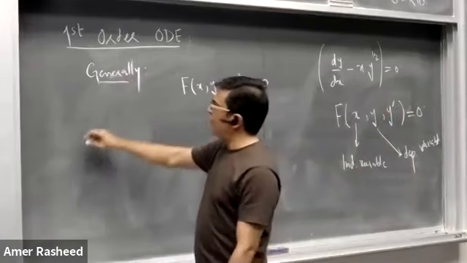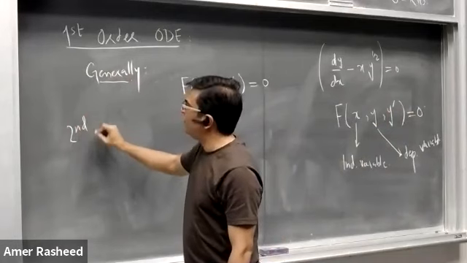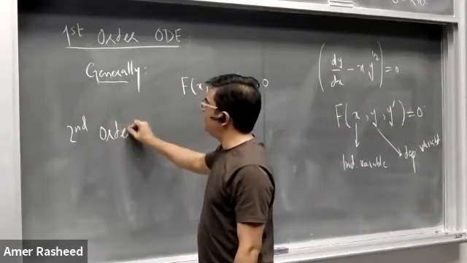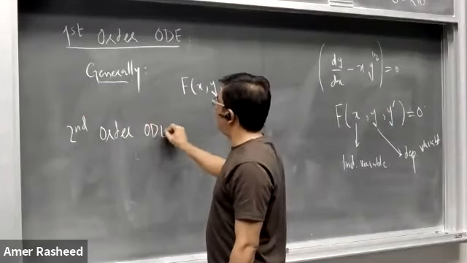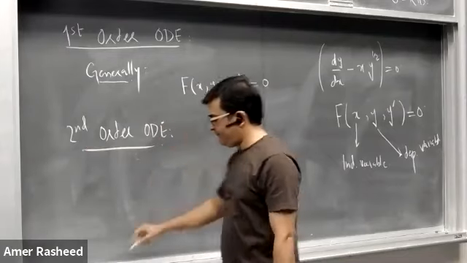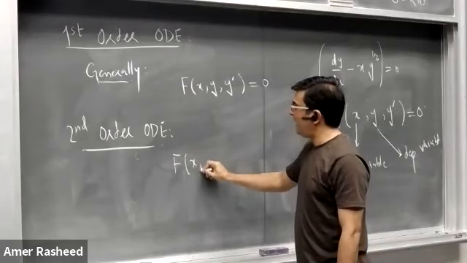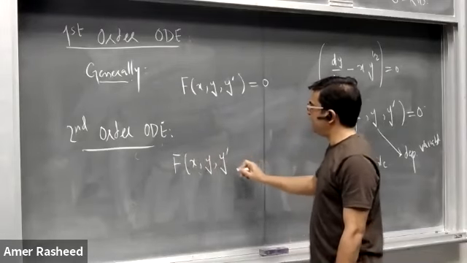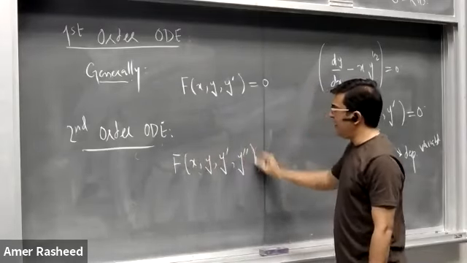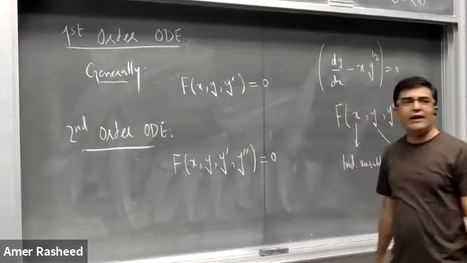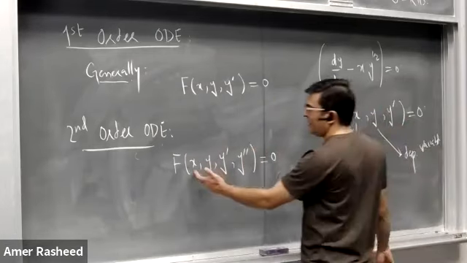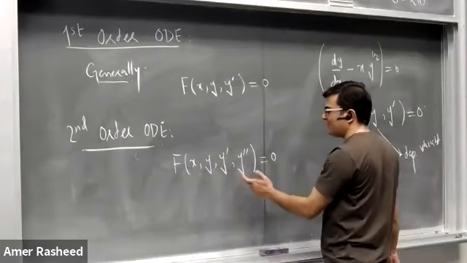And the general notation of a second order ODE, how can we write it? It's obvious from this kind of notation that we can write f of x, y, y dash, and y double dash. So in general, a second order ODE involves the independent variable, the dependent variable, its first derivative and second derivative.